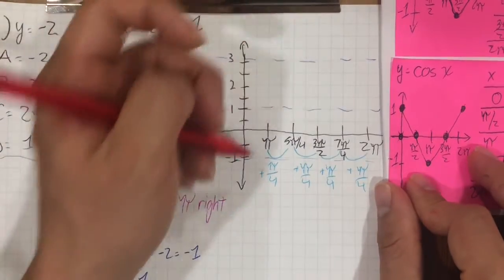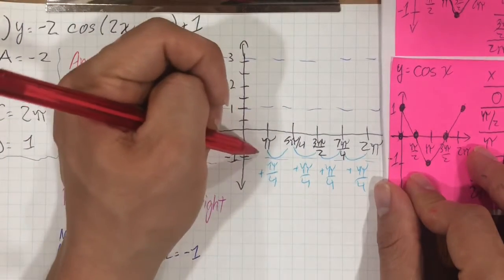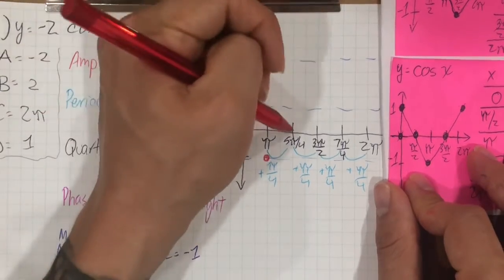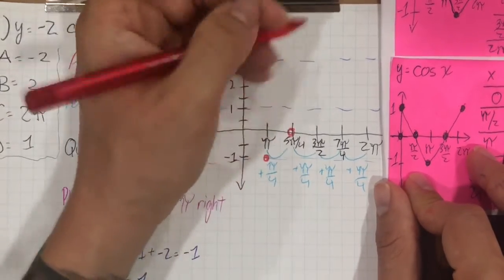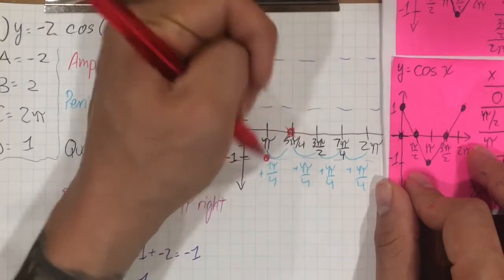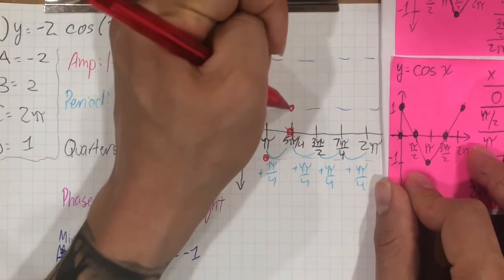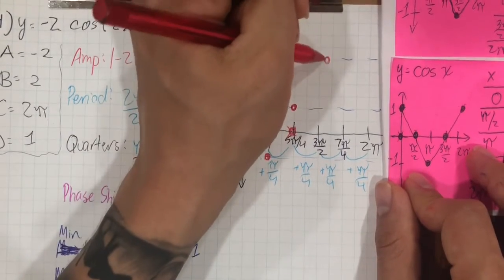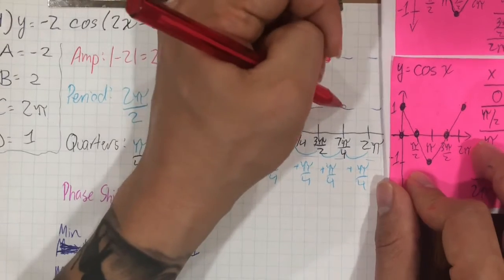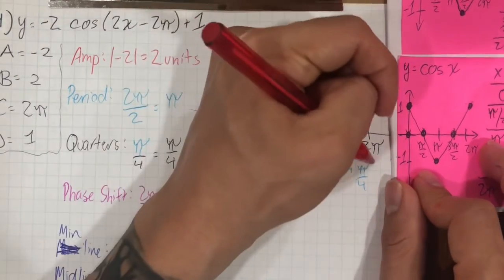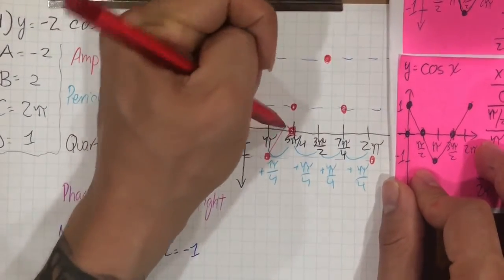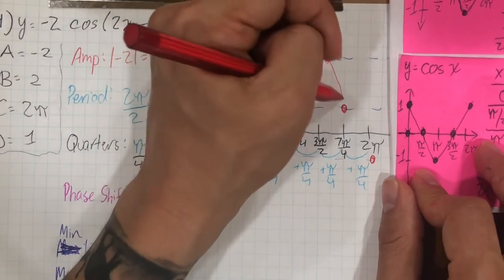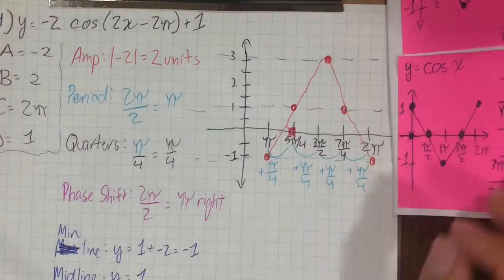So let's go ahead and do that. We have our mid, which is at 1, oh, not max, I mean mid, min, mid, max, mid, then min. Connect my points, and we have our graph.